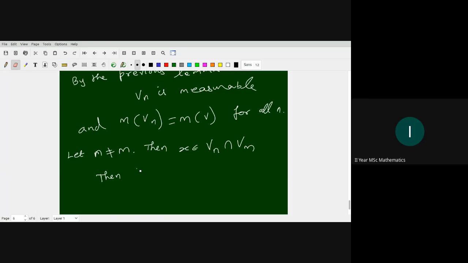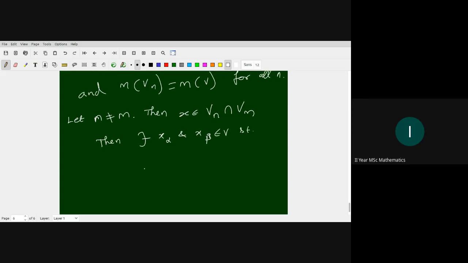Vn is V plus Rn, so there exist x alpha and x beta in V such that x equals x alpha plus Rn and x equals x beta plus Rm.